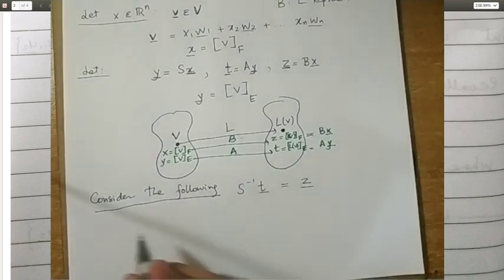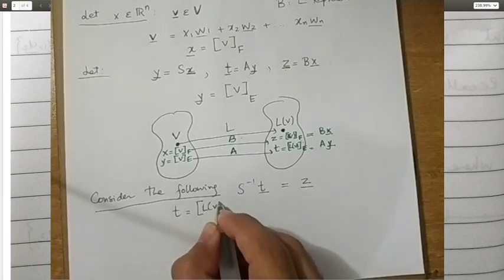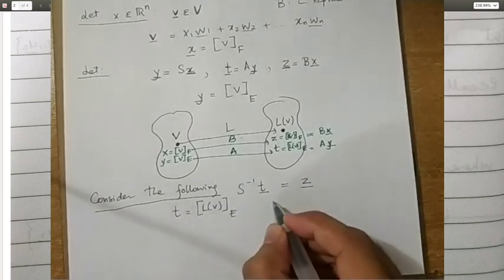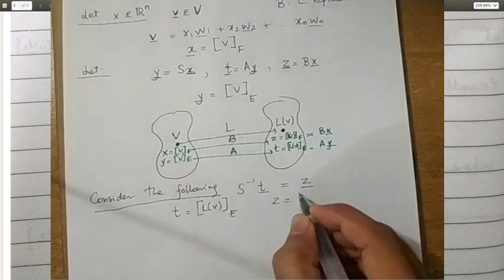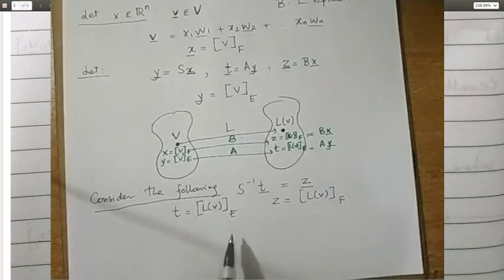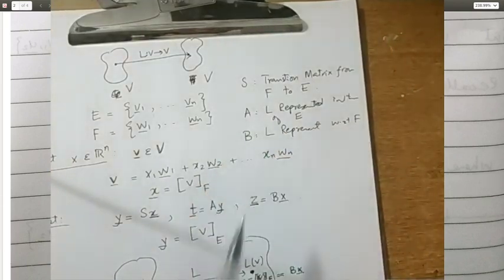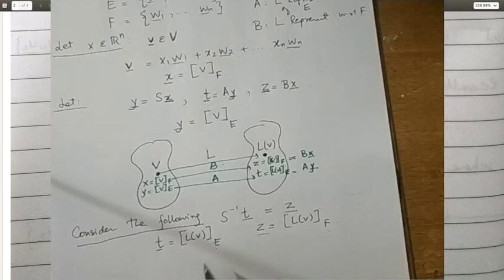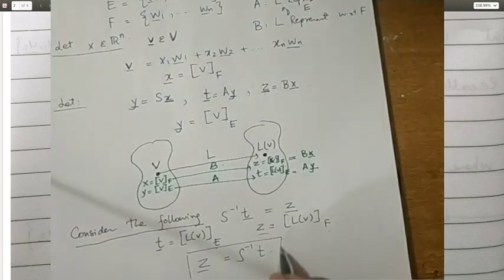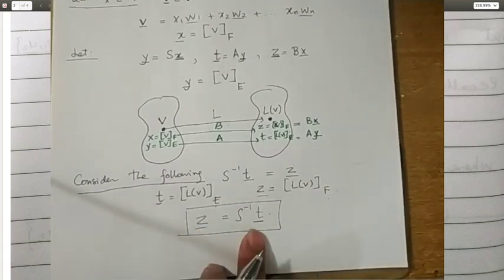Written down, T was the representation of L of V in terms of E, and Z was the representation of L of V in terms of F. So from F to E you just multiply by S, from E to F you just multiply by S inverse. So this is something important that we'll use. Z is equal to S inverse T.